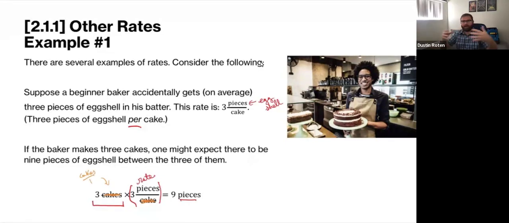Remember, when you're going to multiply fractions, you can write just a number as a fraction, so like 3 is the same thing as 3 over 1. We're going to do the same thing with units here. So really this is just cakes over 1. When you multiply straight across, we have cakes in the numerator, cakes in the denominator that cancel out. And we're left with pieces. Okay, so beginning baker, 3 cakes, 9 pieces of eggshell amongst the 3.